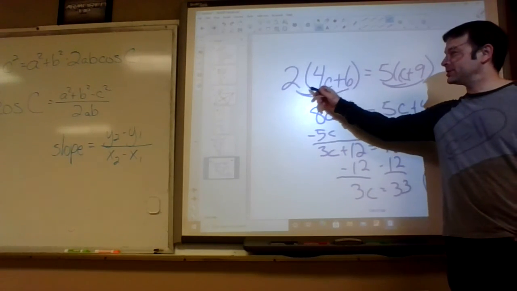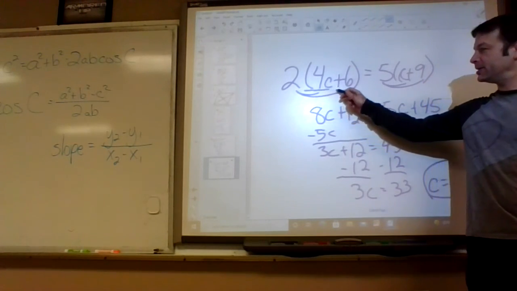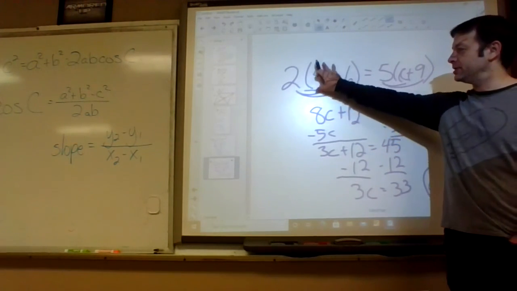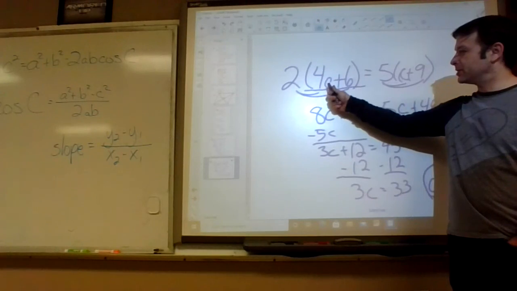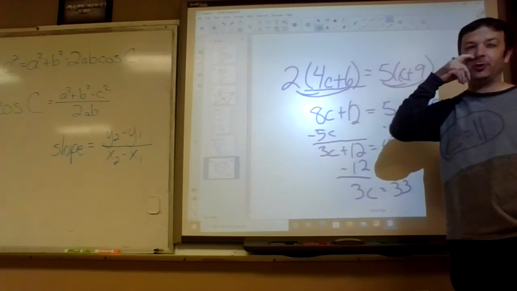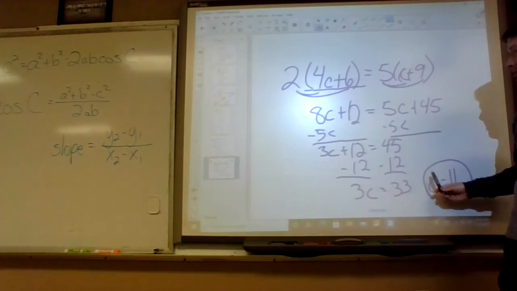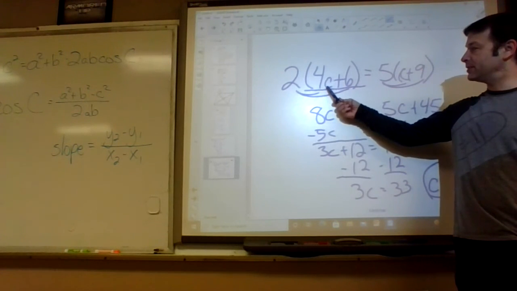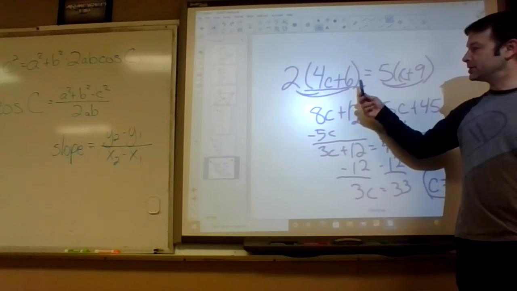Angle 1 is the same as angle 3, and this part right here is angle 3. So if I put 11 in here, remember we said at the beginning 1 and 3 are the same angle. So 4 times 11 is 44, plus 6 is 50 degrees.